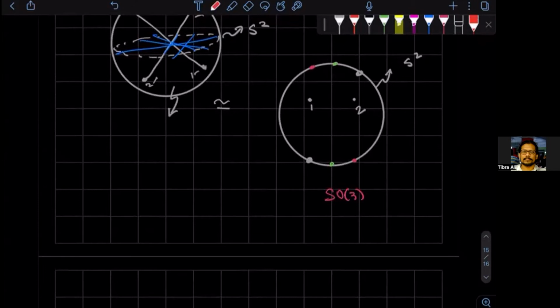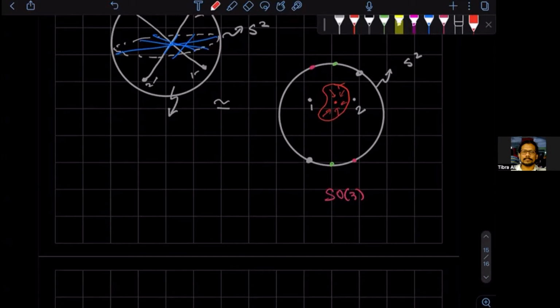Now, if I have a loop like that, now this loop I can continuously deform to a point, right? Because if it's a rubber band, suppose a rubber band with a very strong tension, then it'll become very small, right?